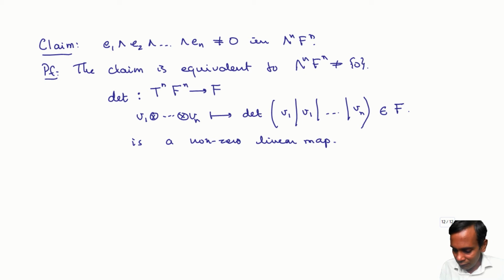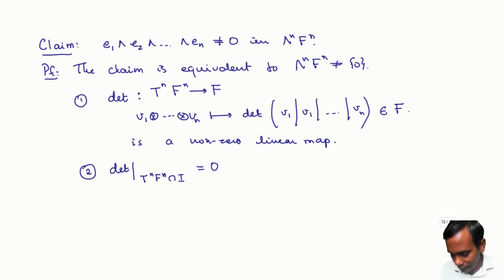And the other fact that we know is that determinant restricted to T^n intersection I is 0. Why is that? Well, this just corresponds to the fact that if you have a matrix, two of whose columns are equal, then its determinant is 0.